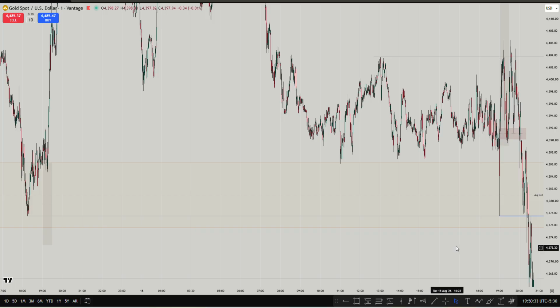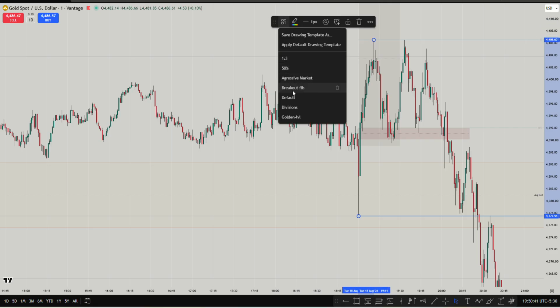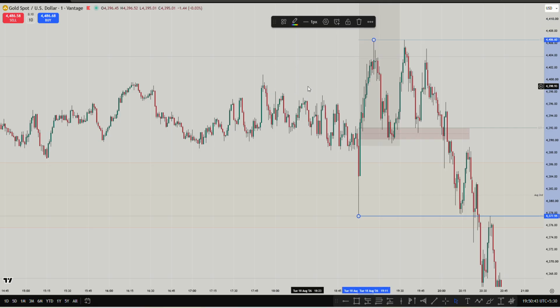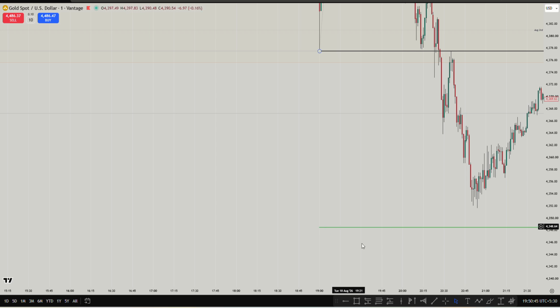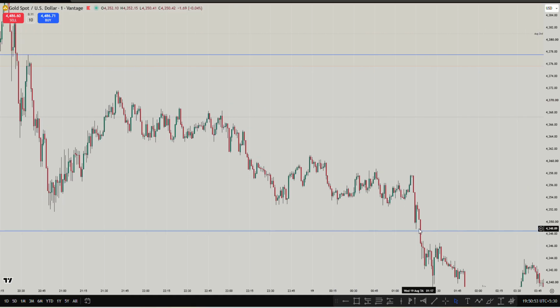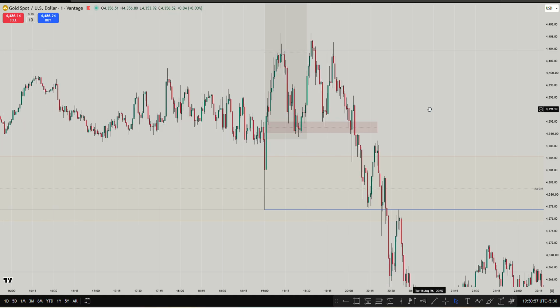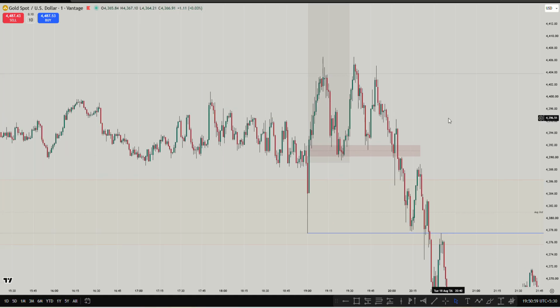Our target is actually so big, not this. We can target one standard deviation, which is right here. And yeah, the market reached that. So that's the mistake.